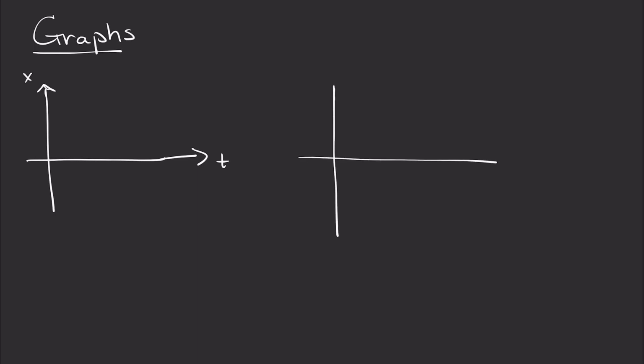Now let's graph some of these so we can know what they look like. Let me just draw all of these really quick: position, velocity, and acceleration. For our position, say we start at the positive amplitude.